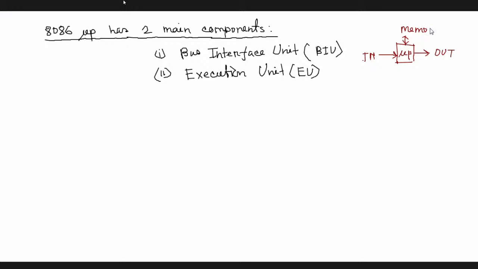We're talking about this microprocessor, and it has two units: one is the bus interface unit, and the other is the execution unit. Now let's talk about the bus interface unit. So what is there in the bus interface unit?